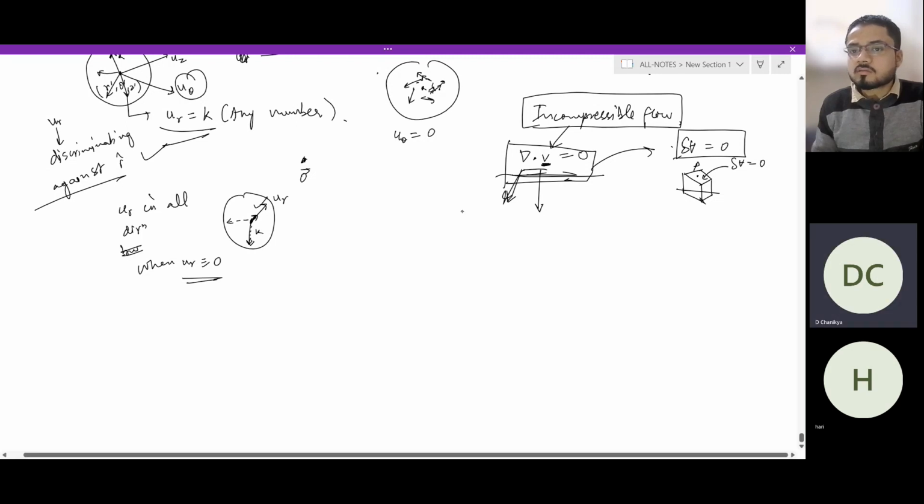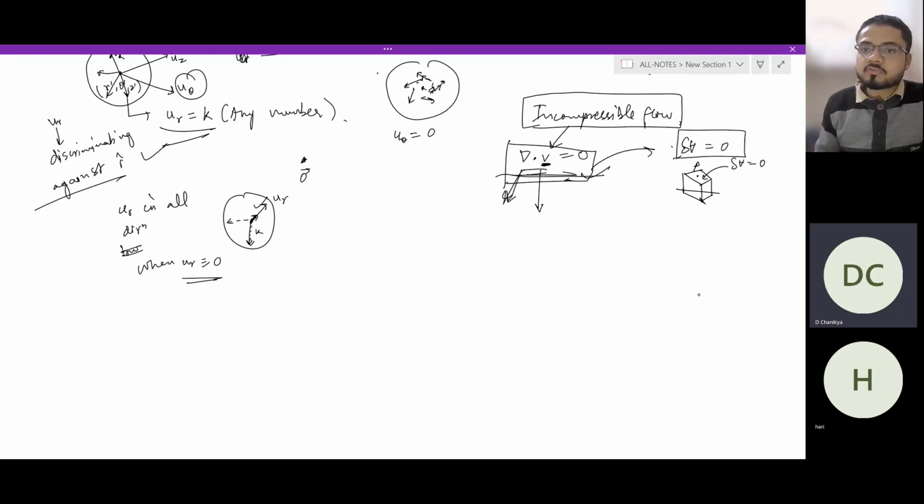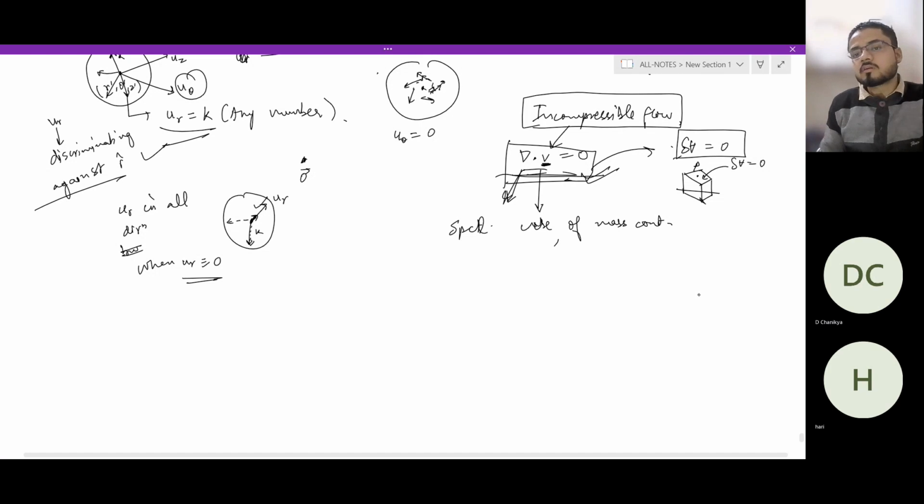Now, what the mass continuity implies is something different, something more general. So incompressible flow is a special case of mass continuity where rho is equal to constant. Anyway, so you know that.